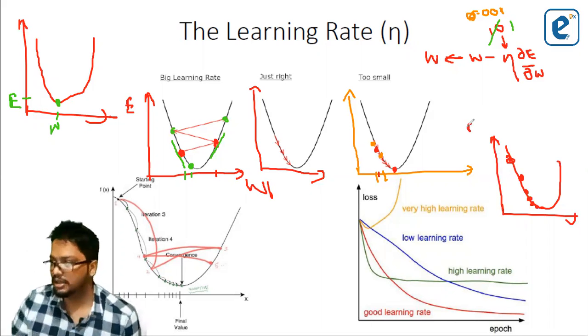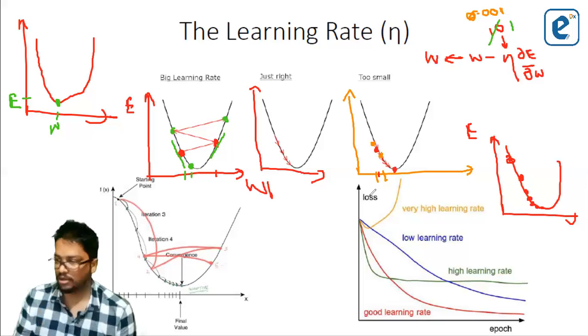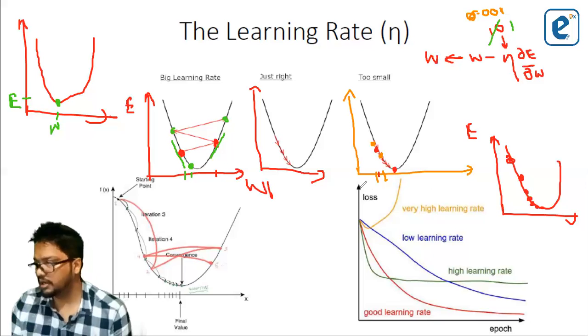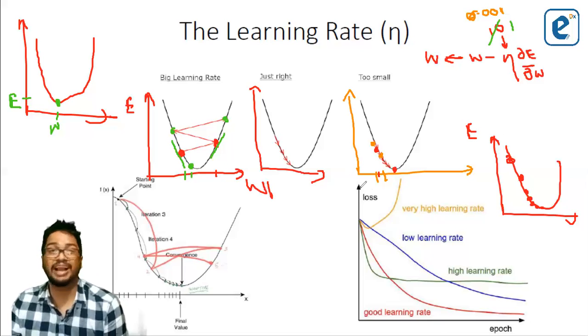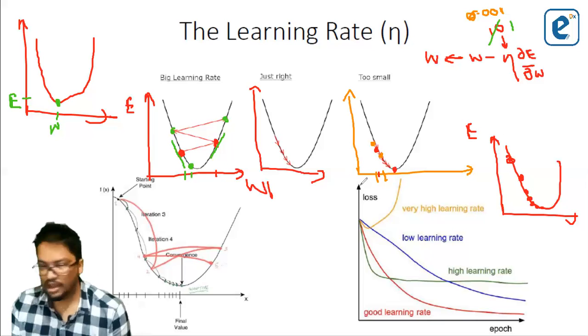Right? Understood. Okay, so the other thing is that this is a good instance where you can analyze the learning rate. You are going to see this kind of graph when you implement neural networks practically. This graph is drawn as loss versus epochs.